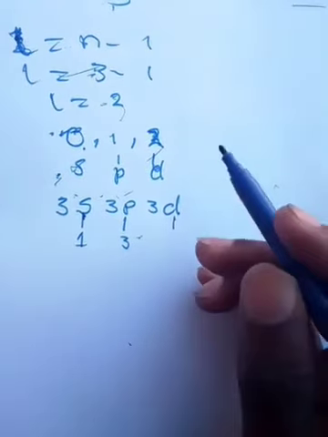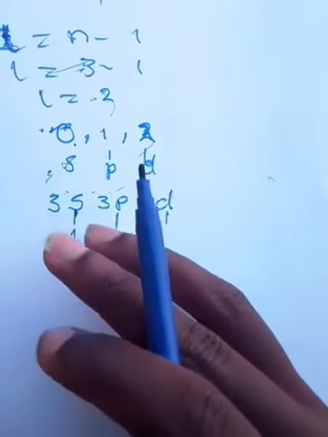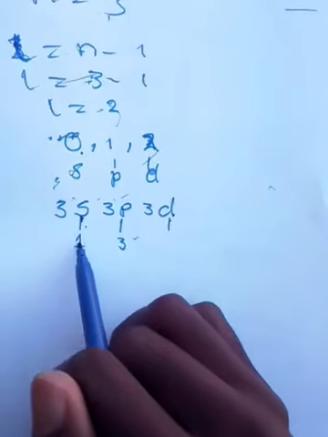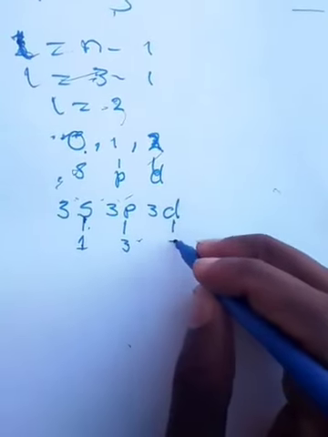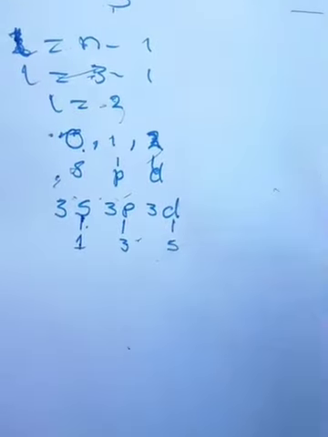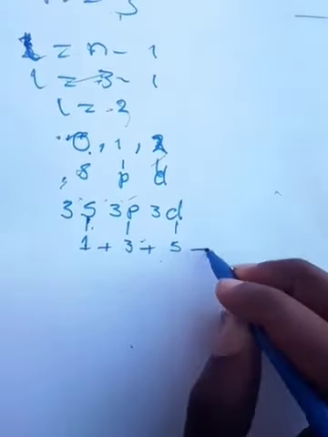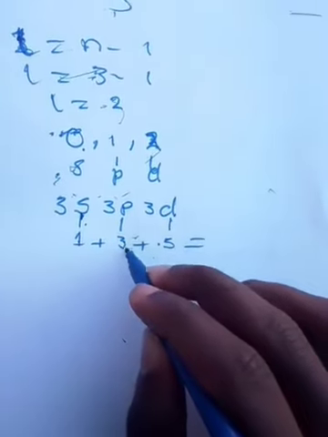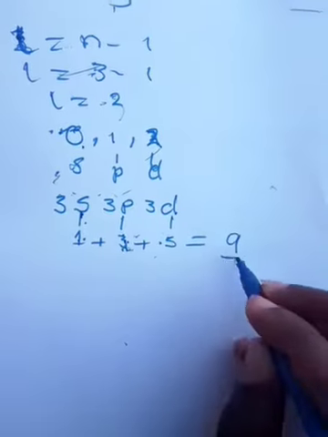At this time, we are trying to find the orbitals. So S has 1 orbital, P has 3 orbitals, and D, we said, has 5 orbitals. They want me to find the total number of orbitals, so I can just add them: 1 plus 3 plus 5 is 9. Yes, I found it.